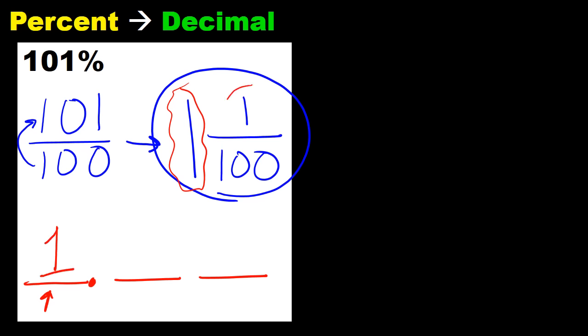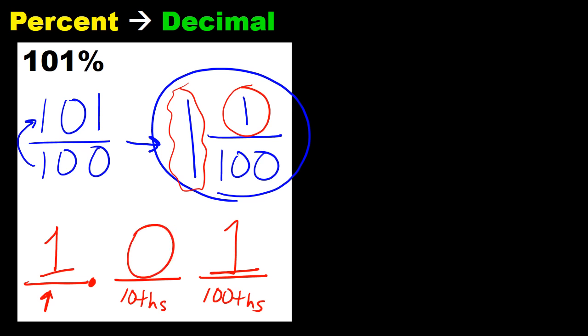And then I have 1/100th. Remember, I have tenths and I have hundredths. So the 1 is going to go in the hundredths place. And tenths, there is no number listed, and that's going to be 0. So I have 1 and 1/100th. My decimal matches up with my mixed number.